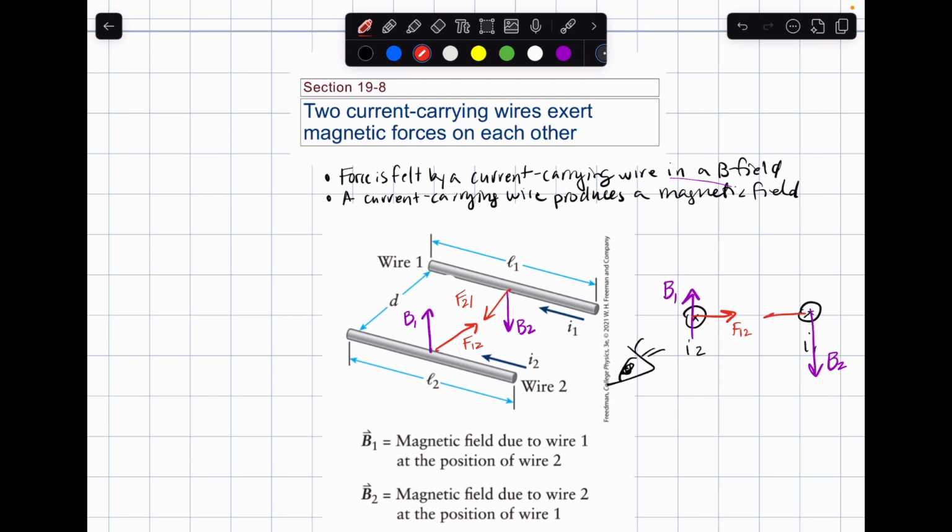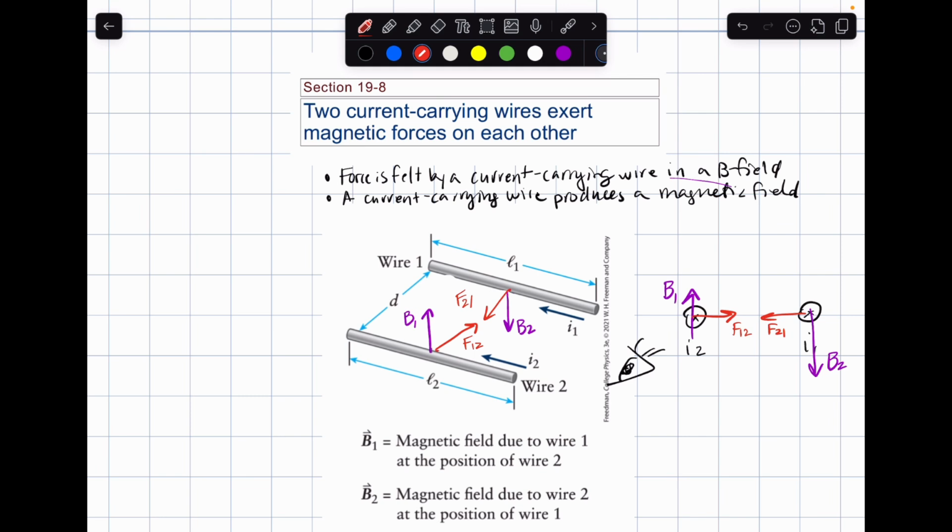Towards the other one. And so what you can see here is that there is an attractive force, right? The force vectors are pointing towards each other. There is an attractive force between two wires when the currents are pointing in the same direction, okay? So when currents are pointing in the same direction, attractive force.